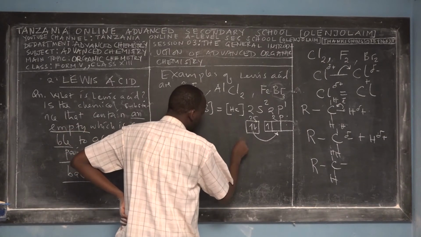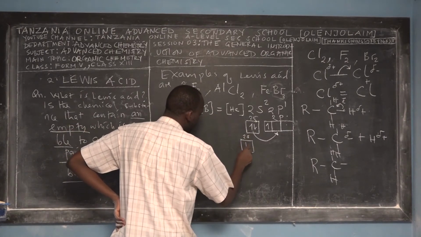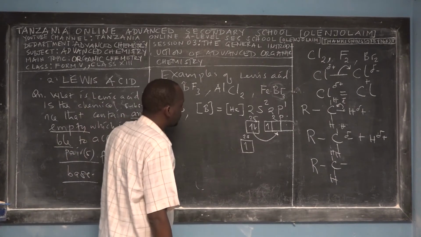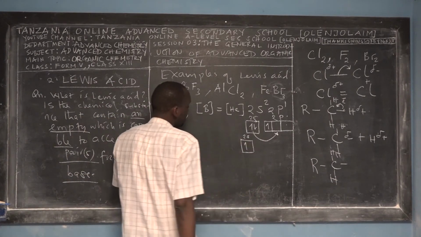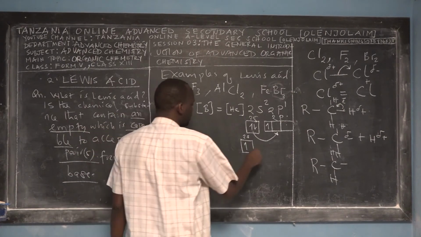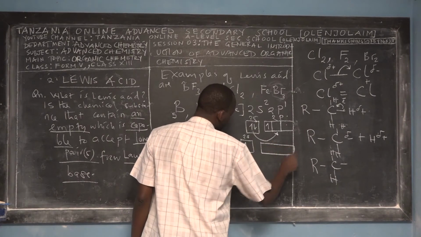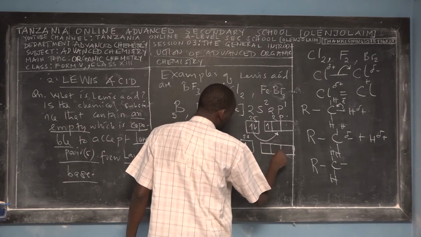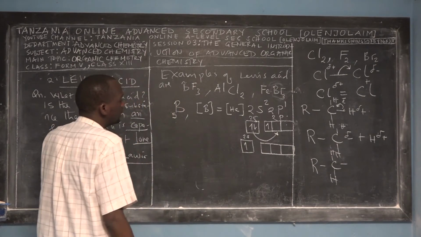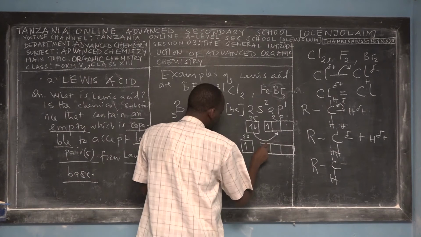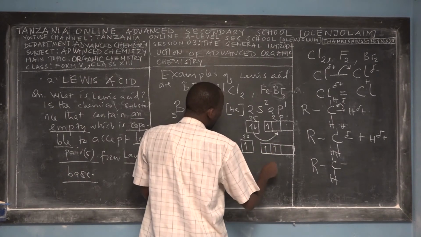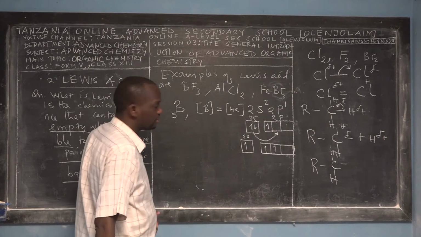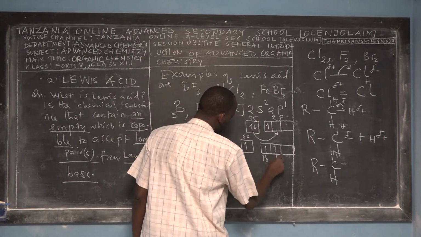So then in 2s we have 1 electron, and the p orbital now contains 3 electrons. So this is px, py, pz.